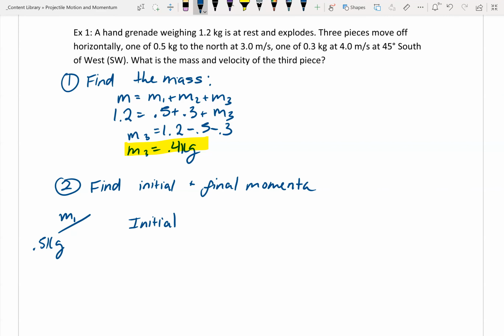We're going to look at its initial momentum and its final momentum. So initially, we're going to start at rest, and this occurs for all 3 masses because it says in the very first sentence, a hand grenade is at rest. So our initial is going to be just 0 in both directions.